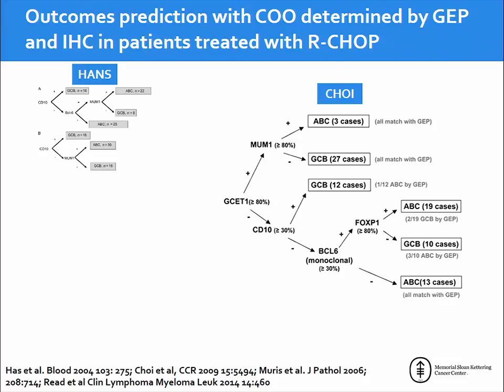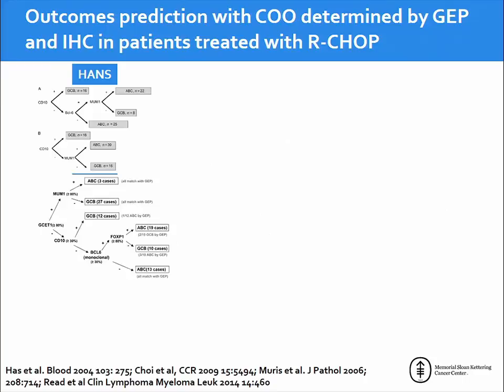There's another model that's quite useful. It's called the Choi model. The problem with the Choi model is it's dependent on this GCET antibody, which is not readily and commercially available. And actually, it is now, but it wasn't at the time this model was developed, so it wasn't easy to do in a widespread way.